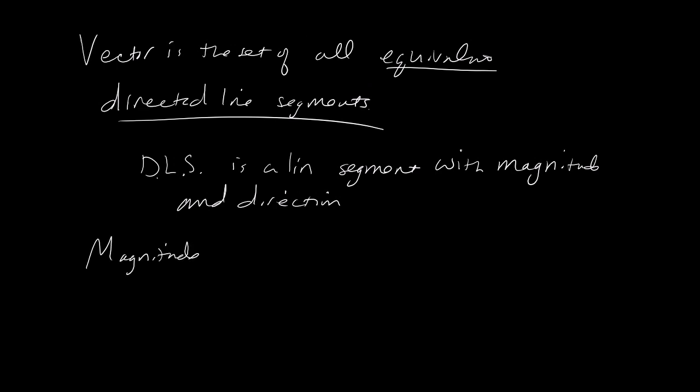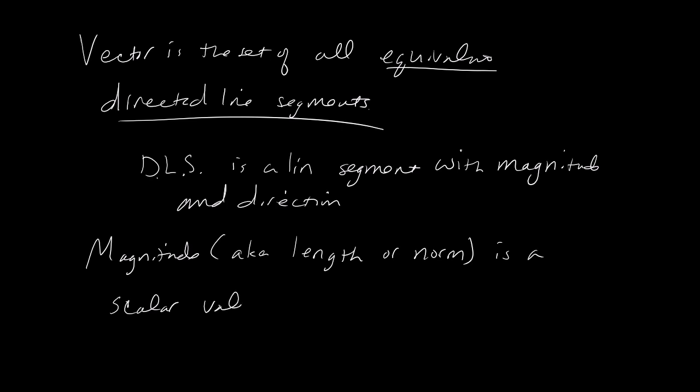Magnitude, also known as the length of the vector, the length of the directed line segment, or the norm of the directed line segment. So the magnitude is a scalar value. In other words, it's a real number value.